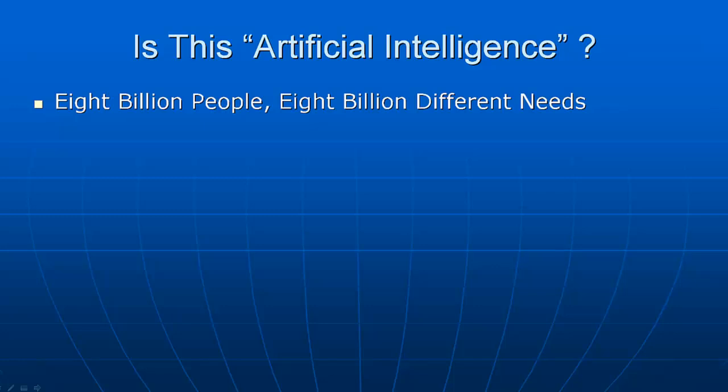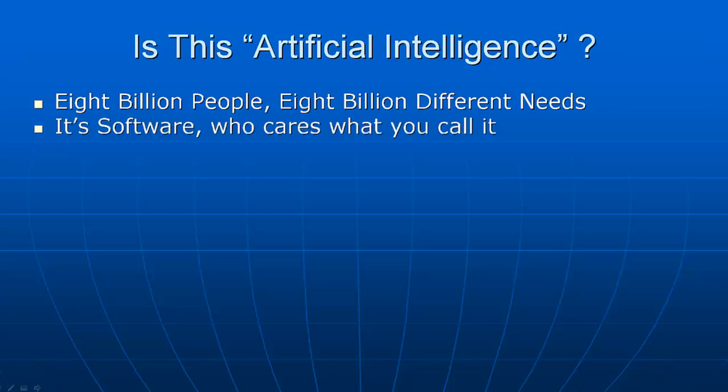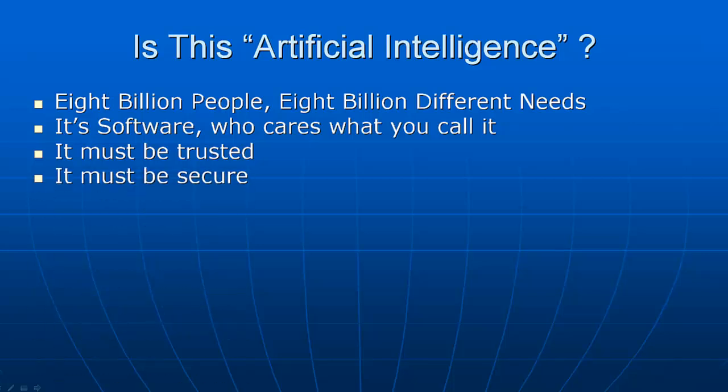Right now, I have to use 3 different products just to do spell check. It's software. Who cares what you call it? It's just our computers are doing a function for us. And whatever it is, it must be trusted. And it must be secure.